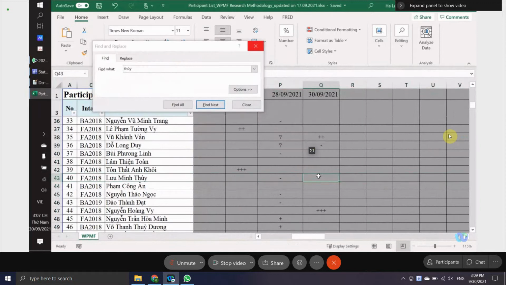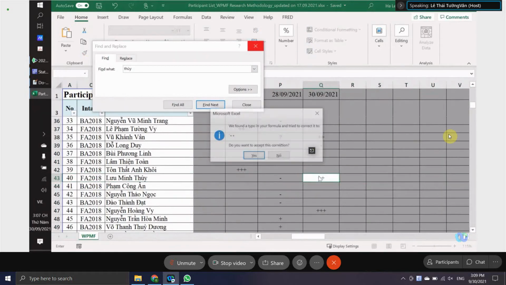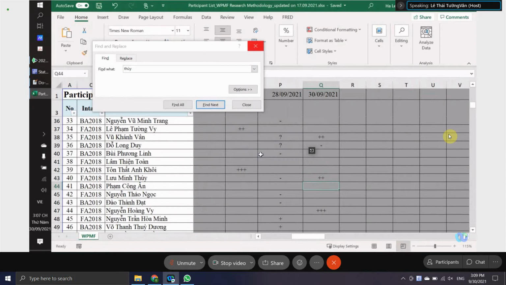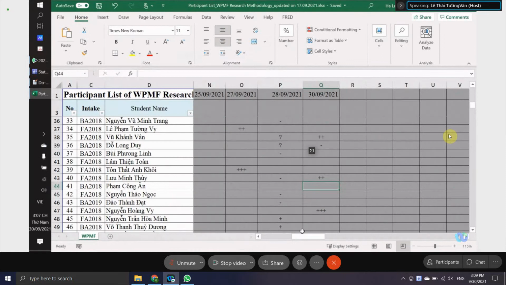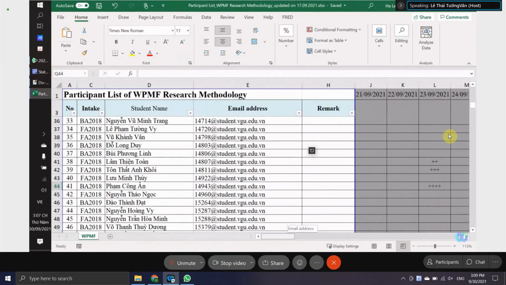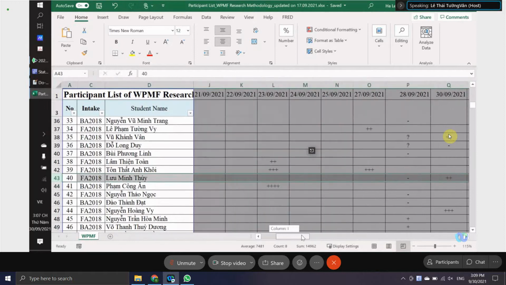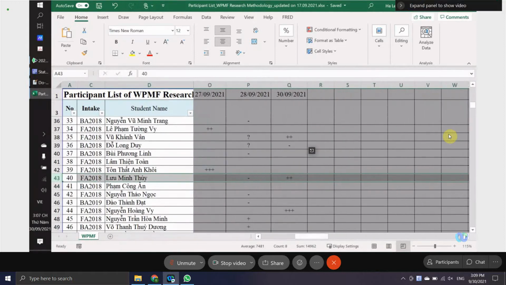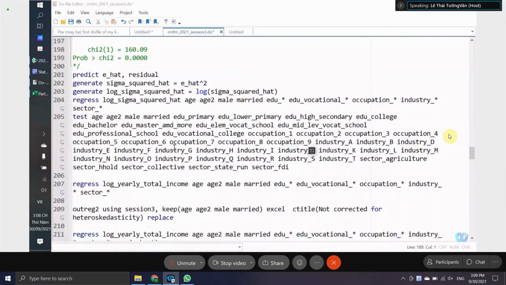I gave you a minus in the past. I don't know for what reason. When I invited you, you were not there, I guess. But I think you already got a 3. No, Lưu Minh Thùy, this is okay. You were not in the class on the 38th, right?